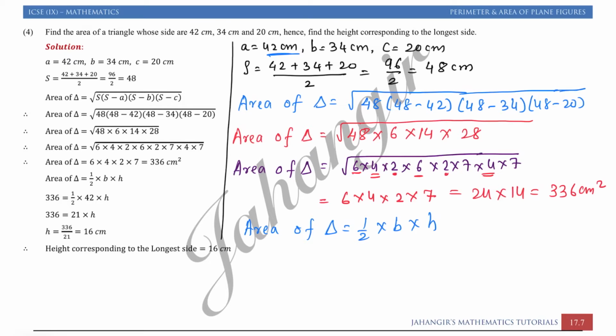The area of triangle we already got is 336, equal to half into base 42 into height we have to find. 2 ones are 2, 2 21s are 42. So therefore height is equal to 336 upon 21. Just cancel out. Let's see what you are getting, which is equal to 16 centimeter. Calculate and check your answer.